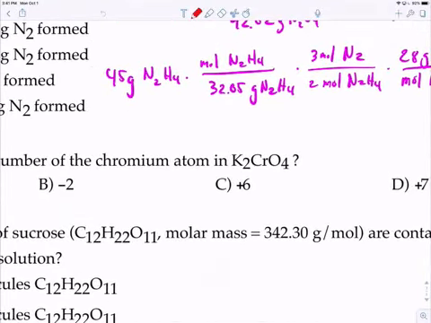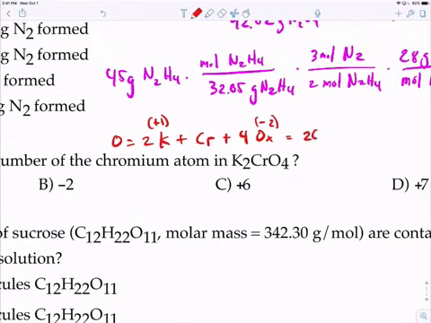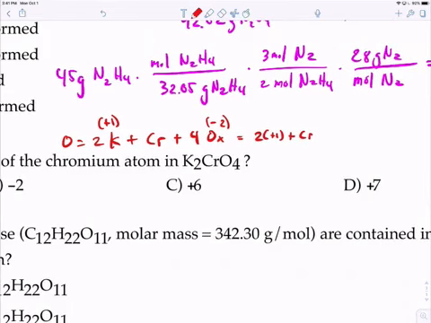So the chromium atom, and it's going to be 0 is equal to 2 times potassium plus chromium state plus 4 times oxygen. And potassium tends to be +1, oxygen tends to be -2. So this is 2 times +1 plus chromium state plus 4 times -2.